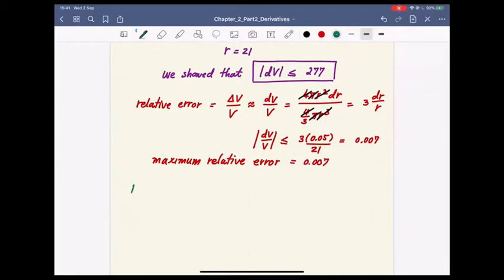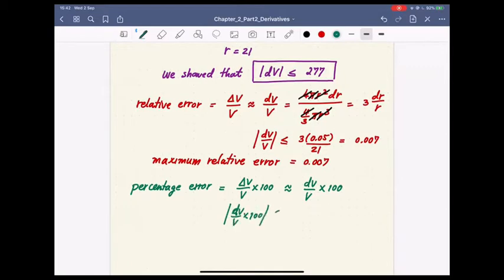But if you don't like it, you can switch to percentage error. Percentage error is delta V over V times 100, just multiply by 100 to get the percentage, or it is approximated by dV over V times 100.